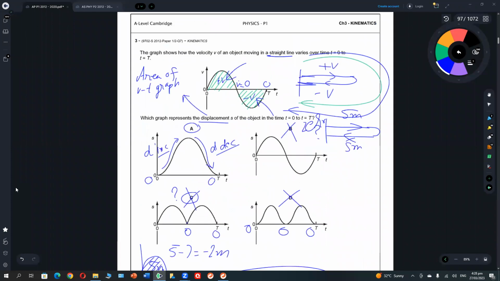Now, can you see both the areas, both the green loops, are they equal in size? Yes, they're equal. What it means is, if this is 5 meter, this is also 5 meter, and 5 minus 5 will become 0. Area above the x-axis is displacement in one direction. Area below the x-axis is the displacement in the opposite direction.